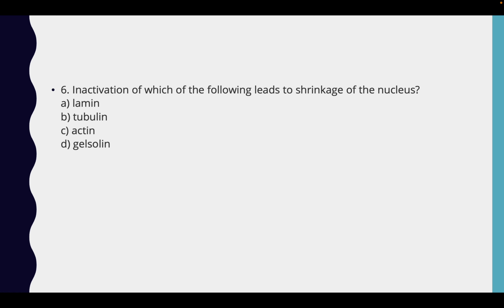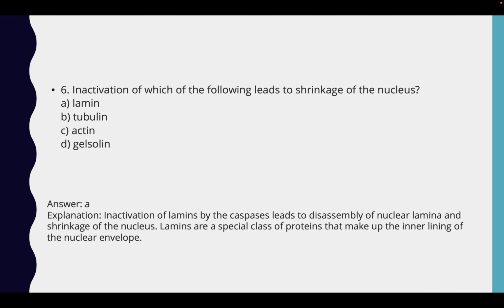Lamin. Yes, lamin. Inactivation of lamins by caspases leads to disassembly of nuclear lamina and shrinkage of nucleus. Lamins are a special class of proteins that make up the inner lining of the nuclear envelope.